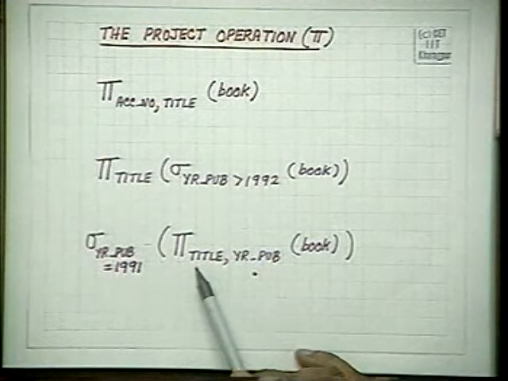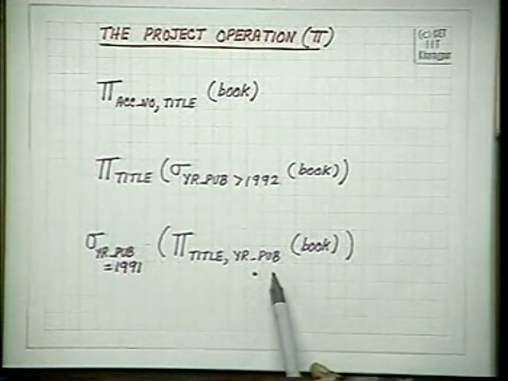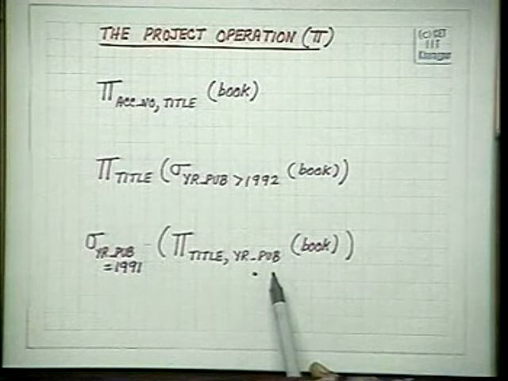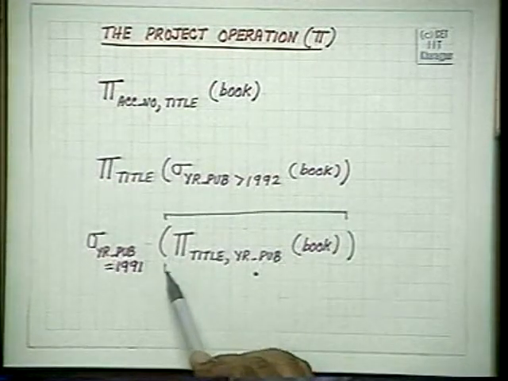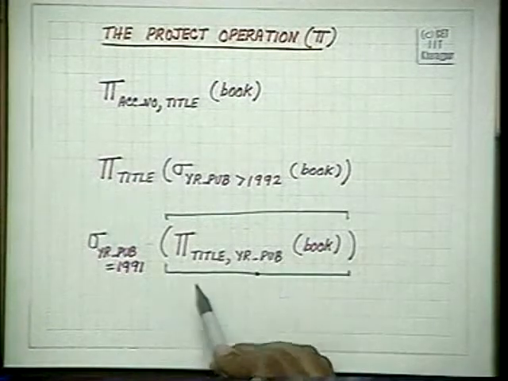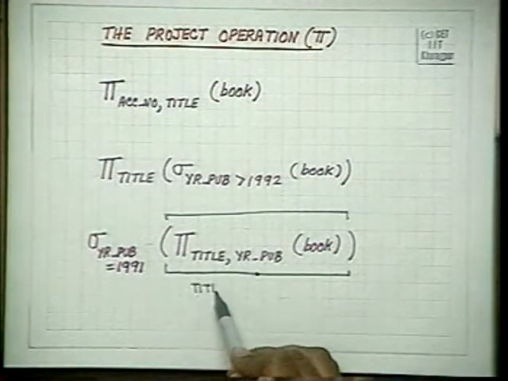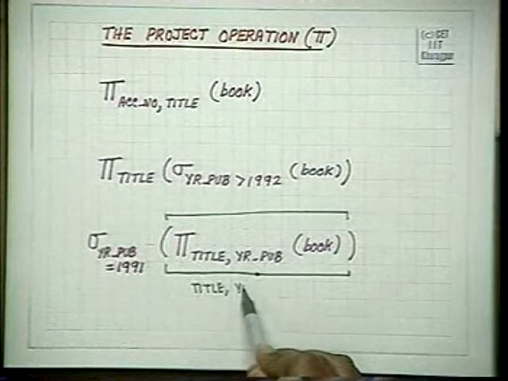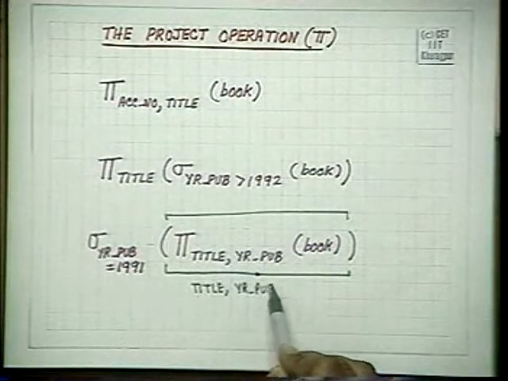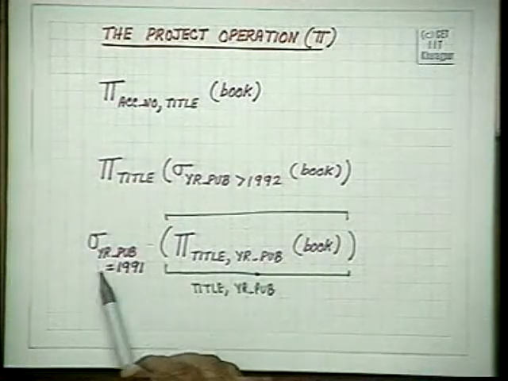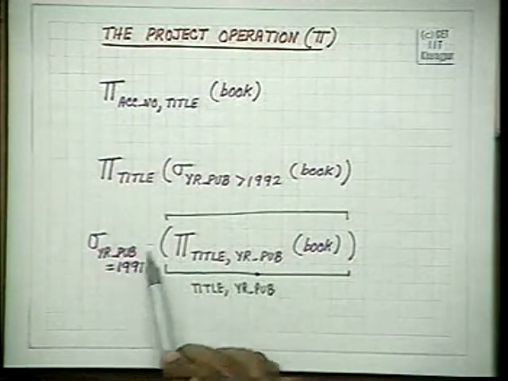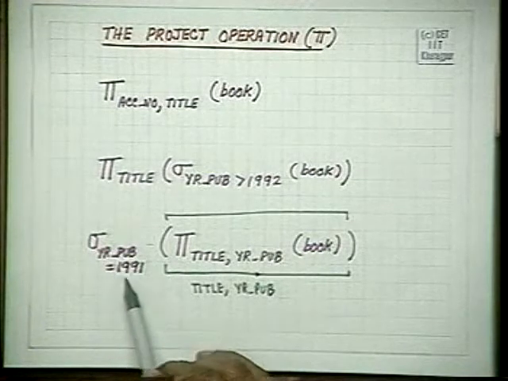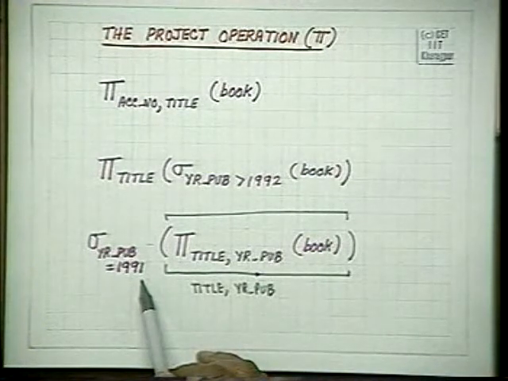So it will list out the title and year of publication of all books in this part of the query. And this relation which is returned will have only two attributes, title and year of publication. And among these, I will select out only those tuples from this relation whose year of publication is 1991.